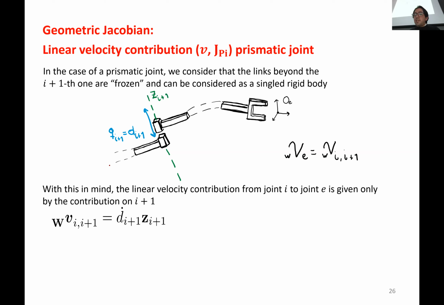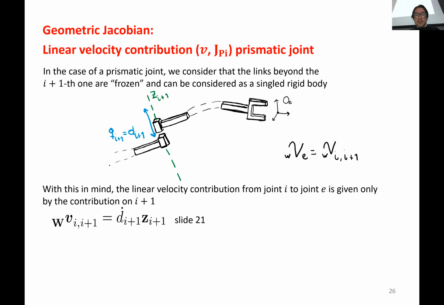With this in mind, from the expression that we learned before, the velocity from link i to link i+1 is just given by the displacement of the prismatic joint, which is the derivative of the joint space variable d multiplied by the line of action of the joint frame.